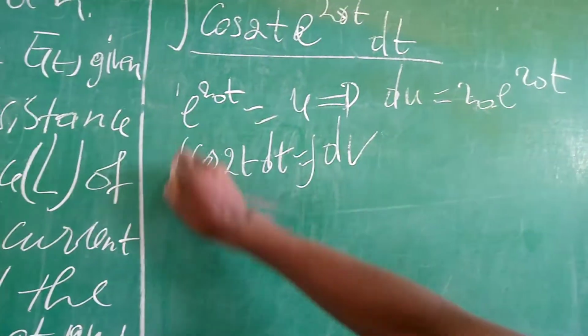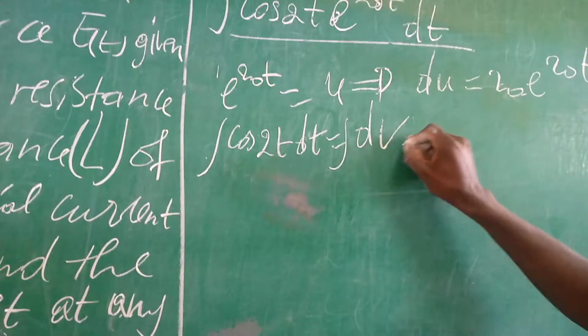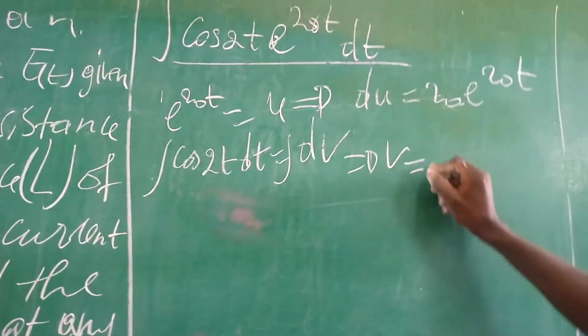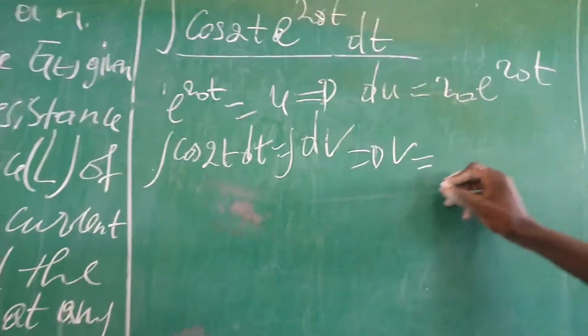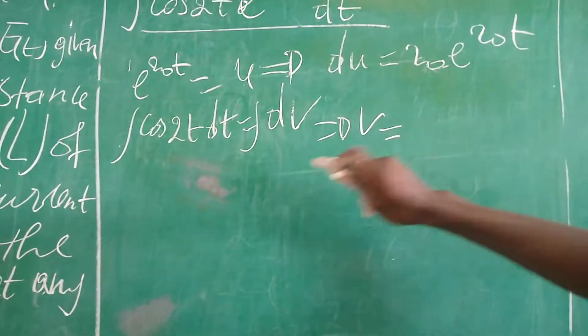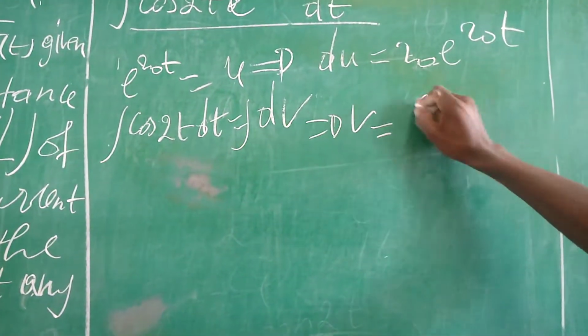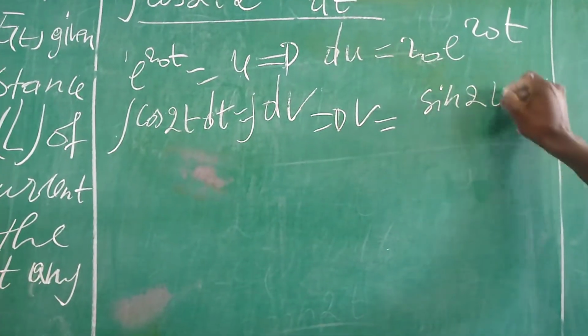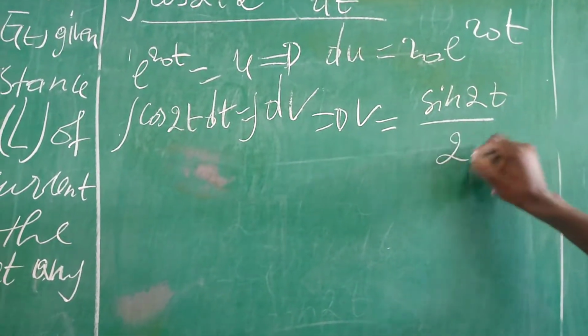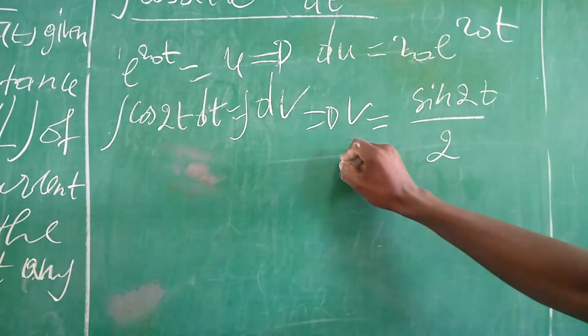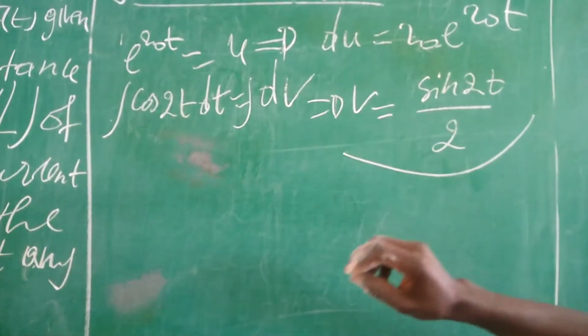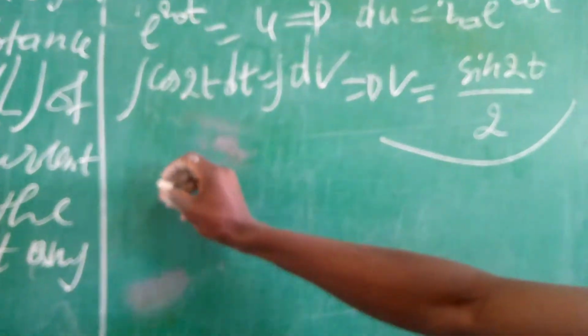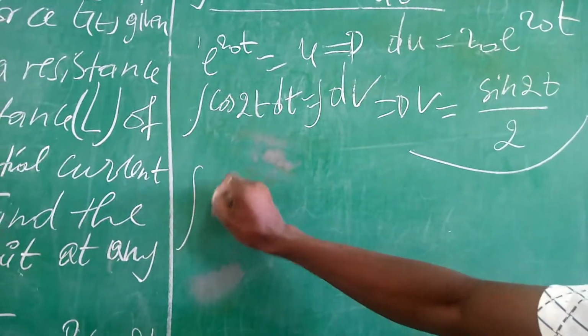If you integrate both sides, it will give us v equal to sine 2t over 2.